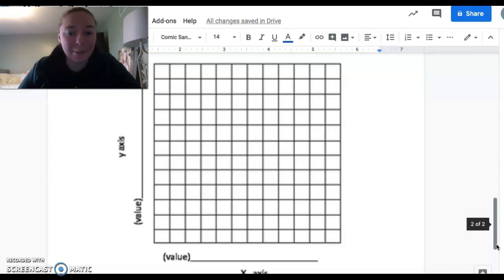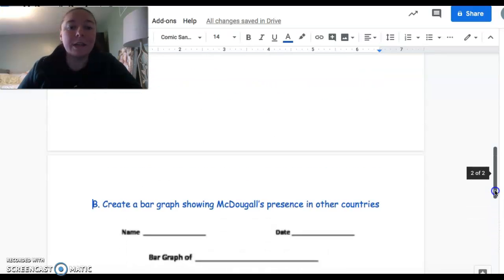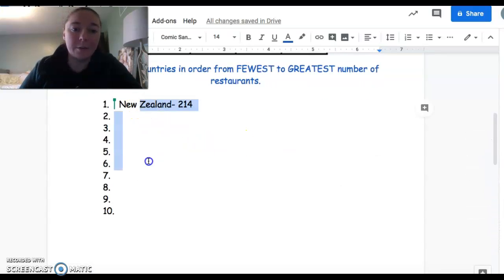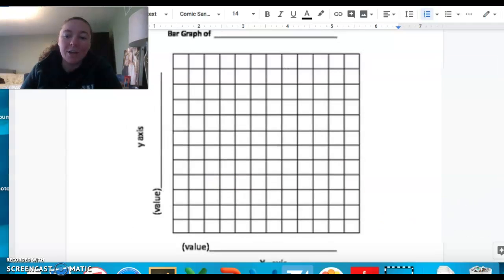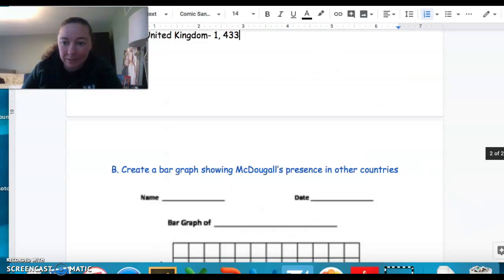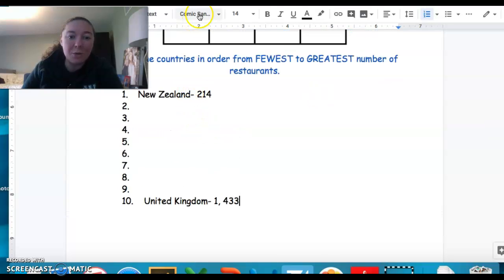Okay. Your next step is going to be to take all of your data from your list in order, and you're going to have to fill it in on your bar graph. But you're going to need to think about the scale. There's only 1, 2, 3, 4, 5, 6, 7, 8, 9, 10, 11, 12 boxes here, and my data goes from 214 to 1,433.